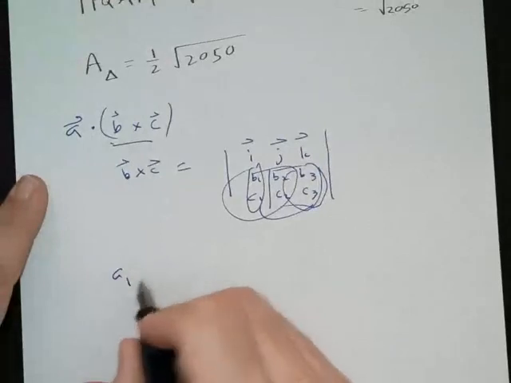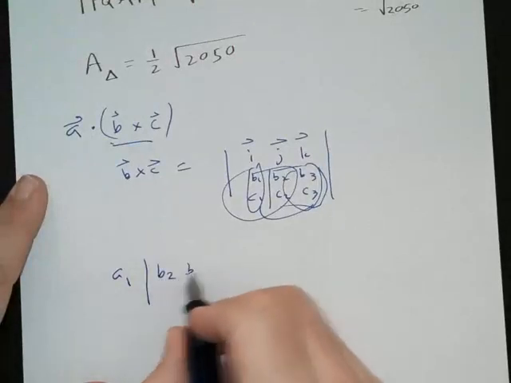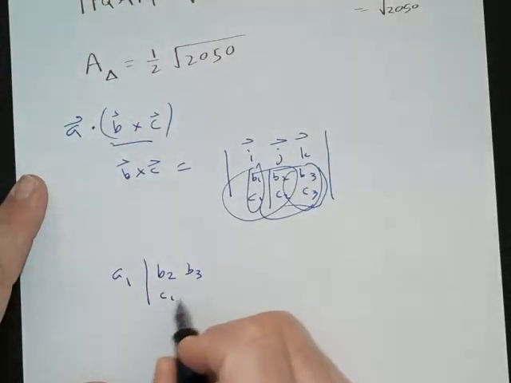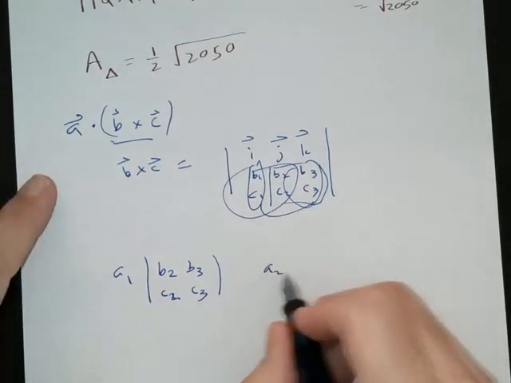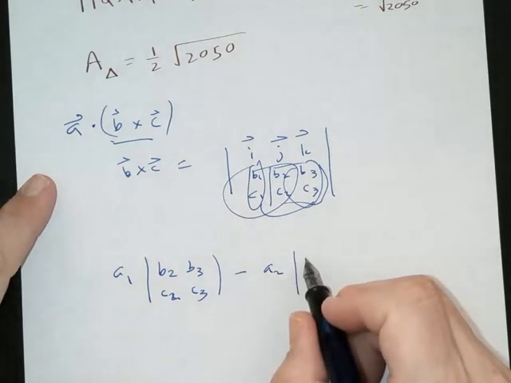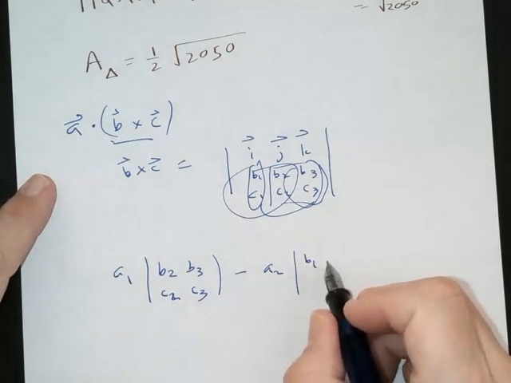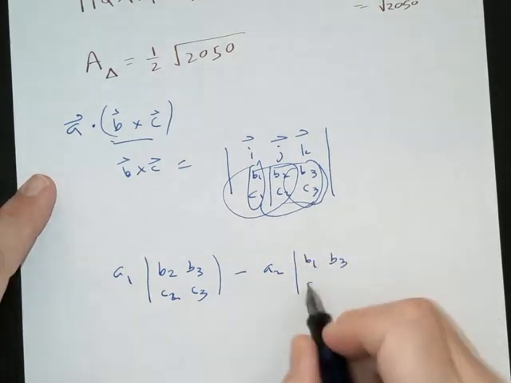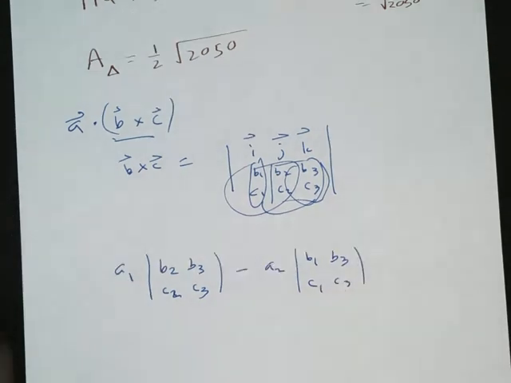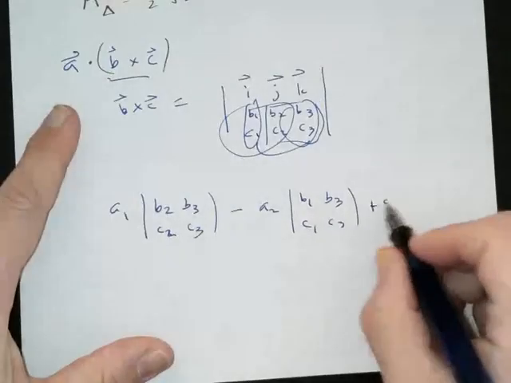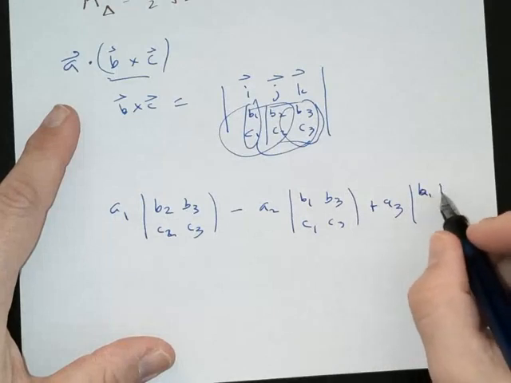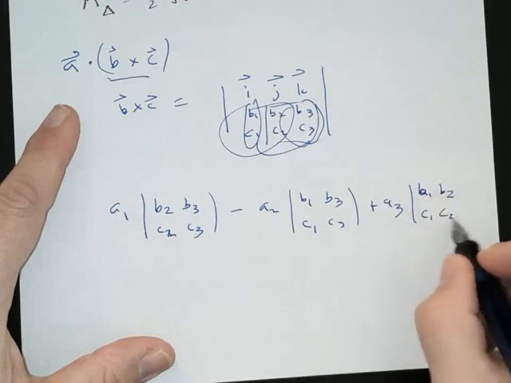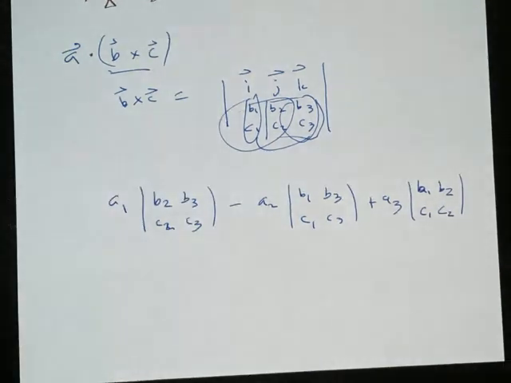Wait a minute. A1 times the piece we get from those, and A2 times the piece we get from those, and A3 times the piece we get from those.